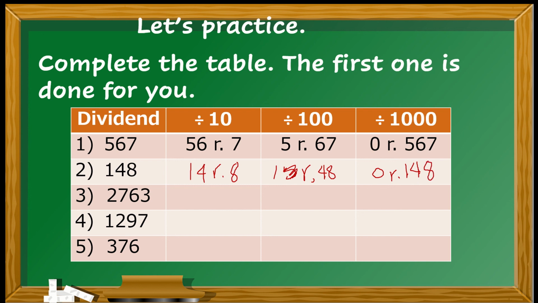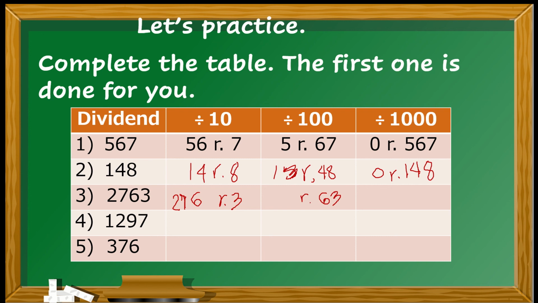Then, for number 3, 2,763. Dahil isa lang, so 3 yung remainder niya. At ang nandito pa ay 276. Remainder 3. Okay. So, 276, remainder 3. For number 3, again, so 100. Unahin natin yung remainder para hindi kayo ma-confuse.